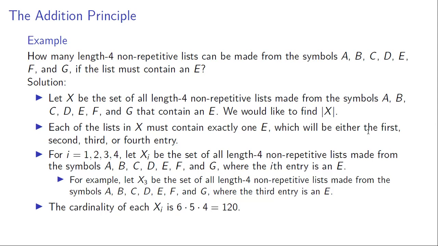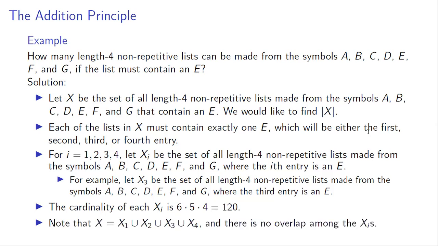So for the first empty entry, we have 6 choices, and then for the next one we have 5 choices because repetition is not allowed, and then for the next entry we have 4 choices because again repetition is not allowed. So using the multiplication principle, we come up with 6 times 5 times 4, or 120, as the cardinality of each of these smaller sets: X sub 1, X sub 2, X sub 3, and X sub 4. So each one has cardinality 120.